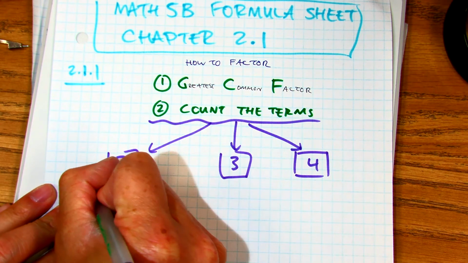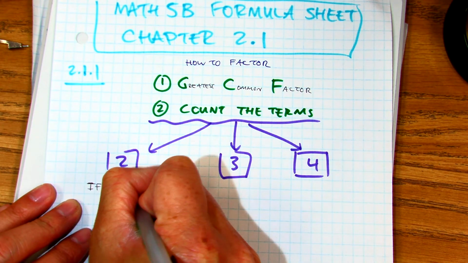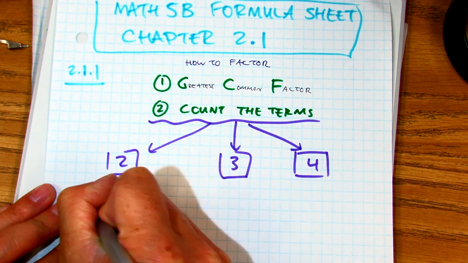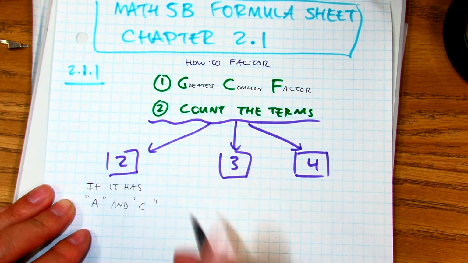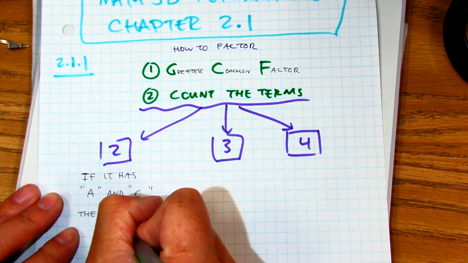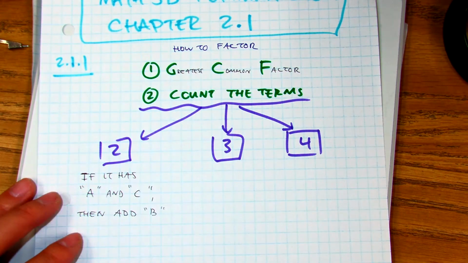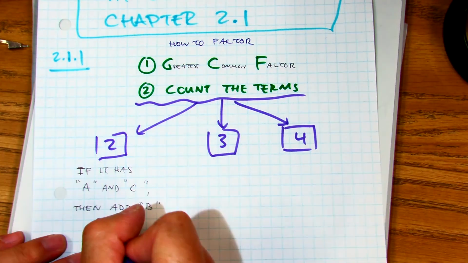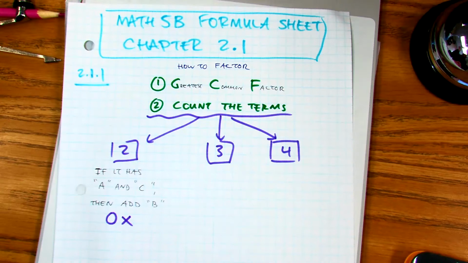I'll just say if it has an A and C, then add B. And I'm going to put it really practically, that just means 0x. It's possible that it's a difference of squares problem, right?